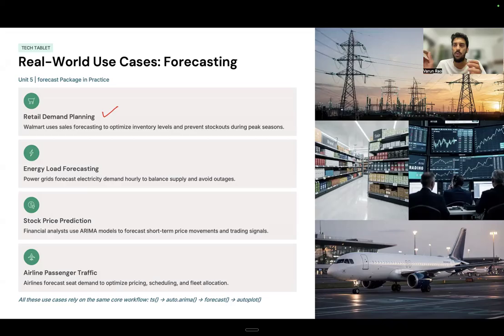Here you are trying to understand how retail shops usually work. Okay, for example, you can consider DMart or Walmart, any of these two. And here you have a peak season. Okay, there is a season or there is some point wherein a lot of customers buy a lot of things. And this happens especially during New Year or during any discount or during any sale times or festival periods like this. Then you have energy load forecasting.